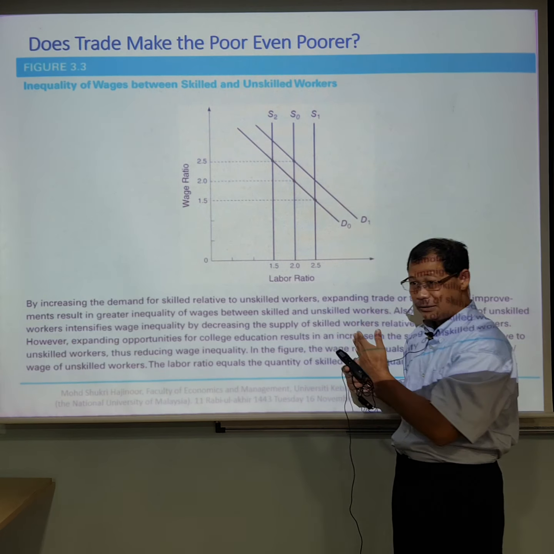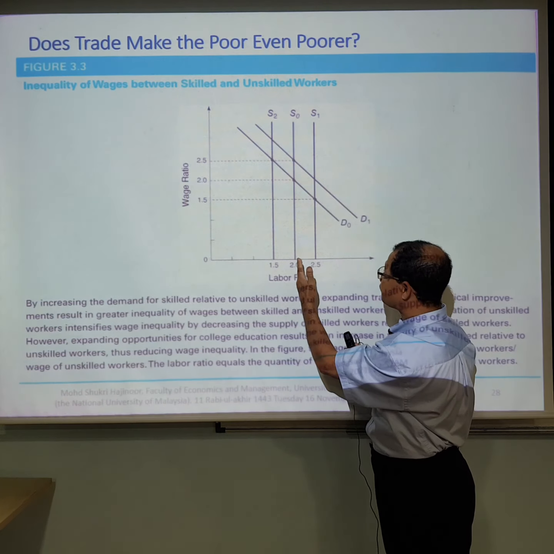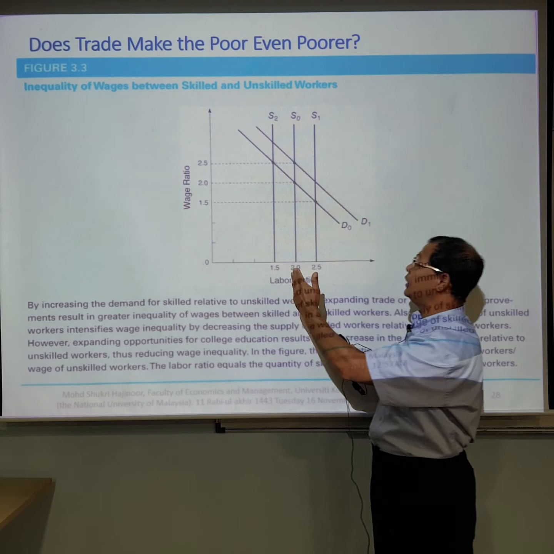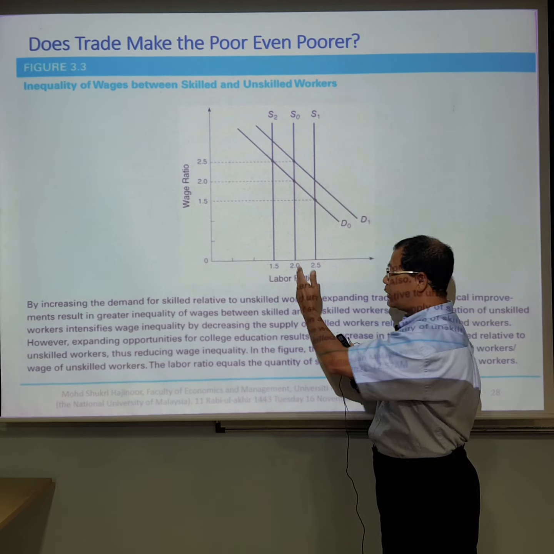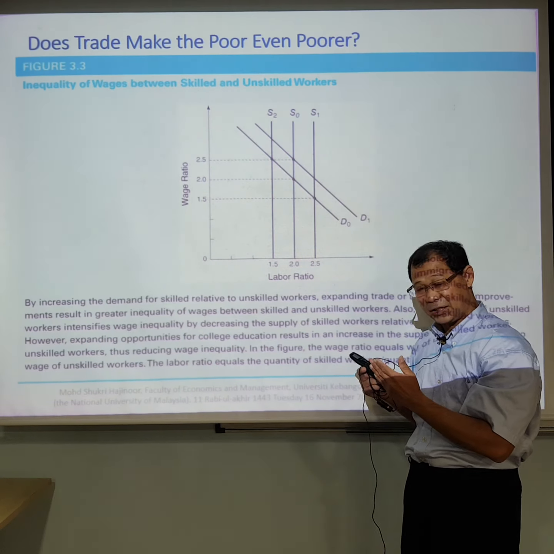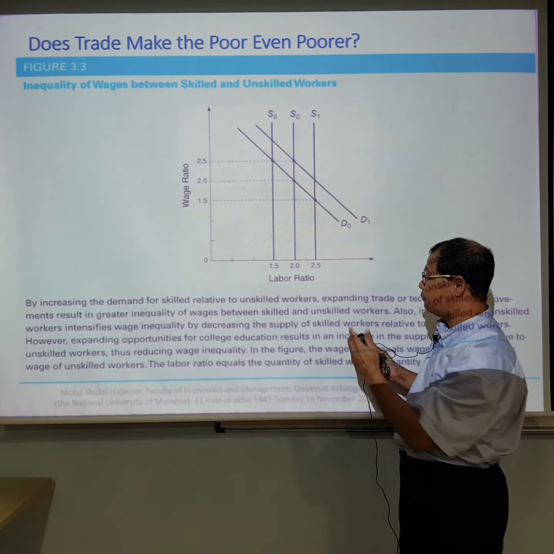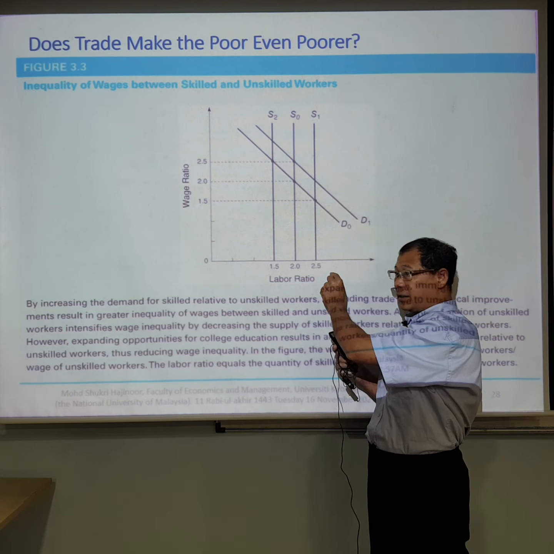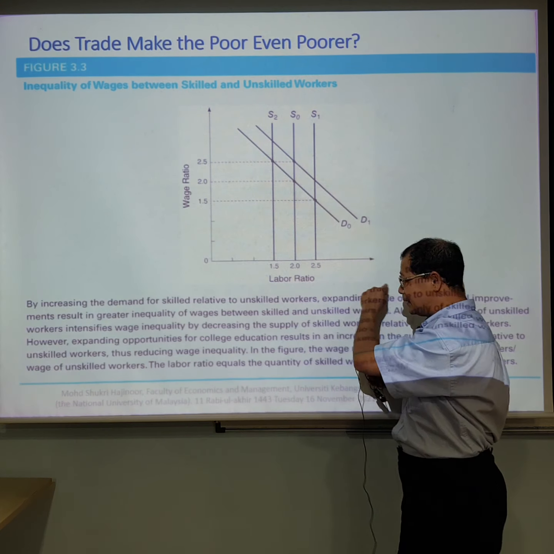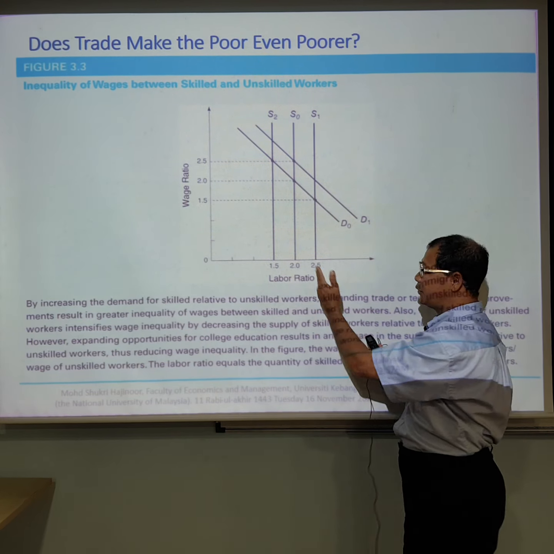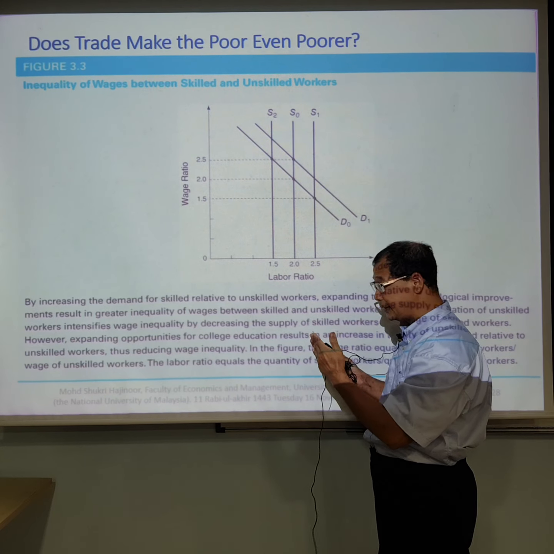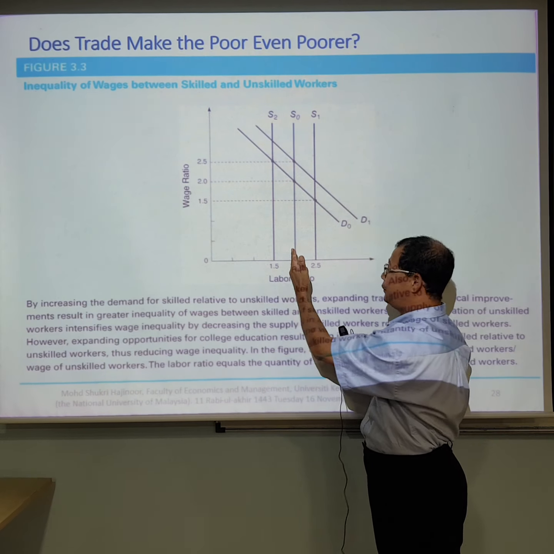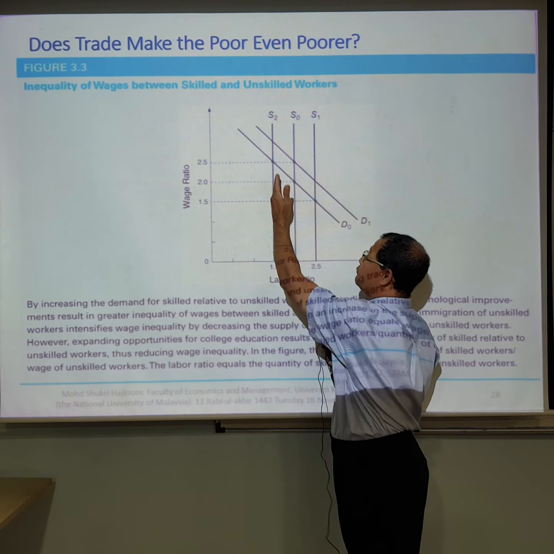Because of this immigration of unskilled workers, there is going to be a shift to the left in the labor ratio, because we defined earlier that the labor ratio is the number of skilled workers divided by the number of unskilled workers. So, with the immigration of unskilled workers from anywhere in the world, not only from Mexico, this will shift the supply curve to the left.